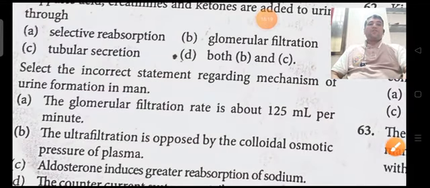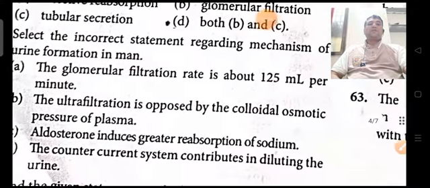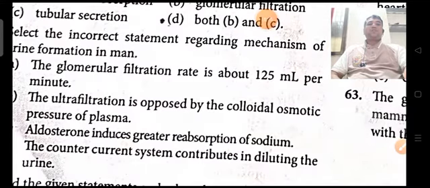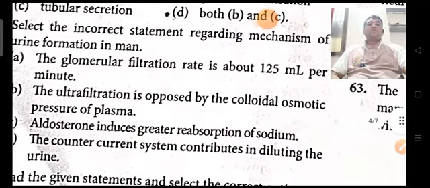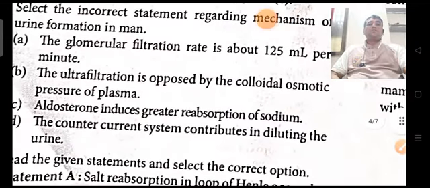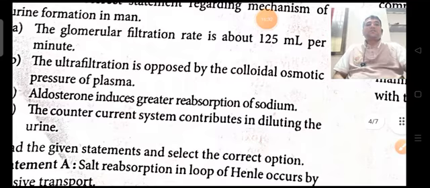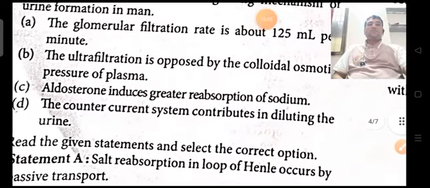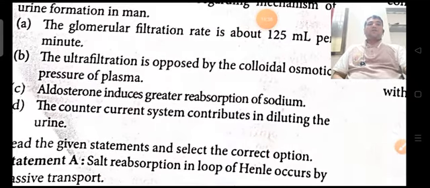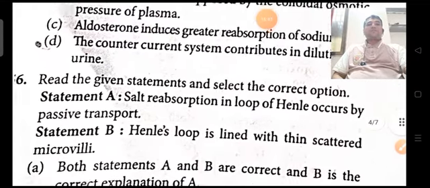The glomerular filtration rate is about 125 ml per minute. The ultrafiltration is opposed by the colloidal osmotic pressure of blood plasma. Aldosterone induces greater reabsorption of sodium. The counter current system contributes in diluting the urine.